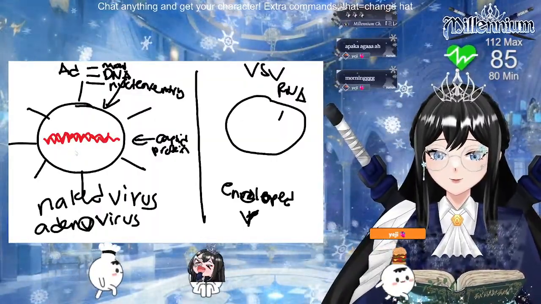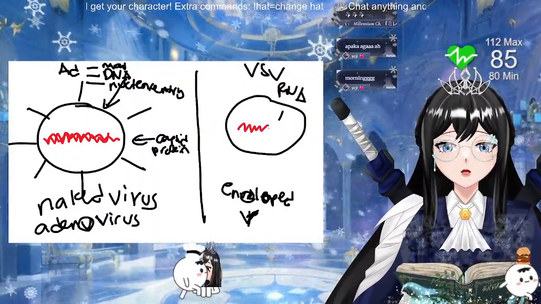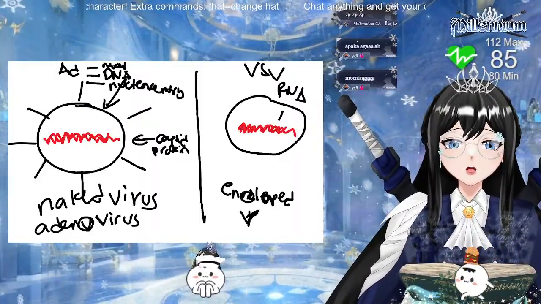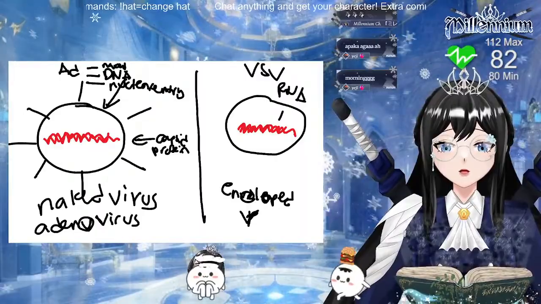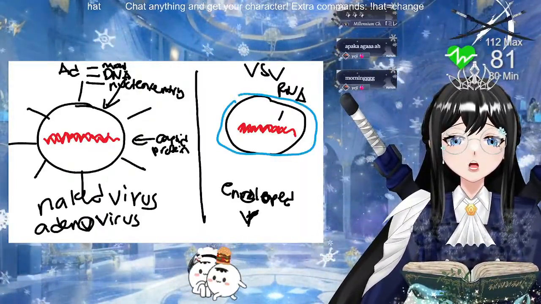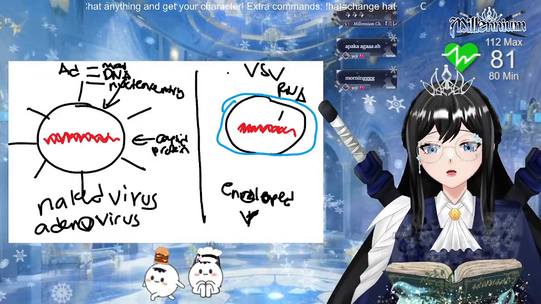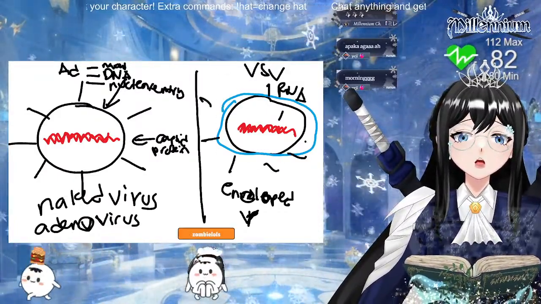Alright? Meanwhile, your dear VSV, you have the RNA genome inside, but you have a lipid envelope outside. So that's the difference between the VSV and the adenovirus.